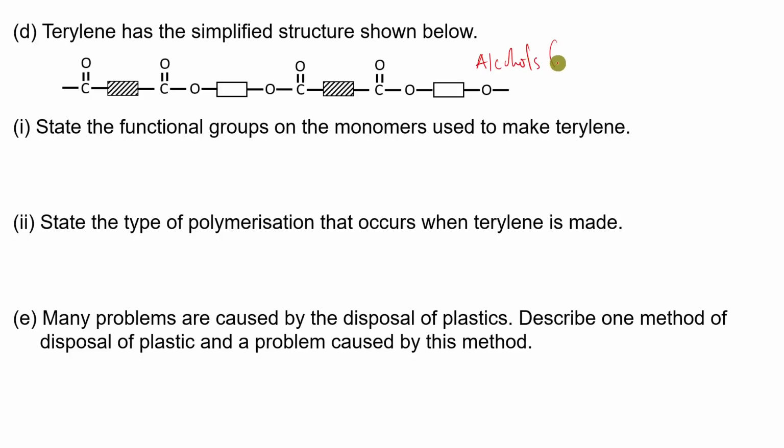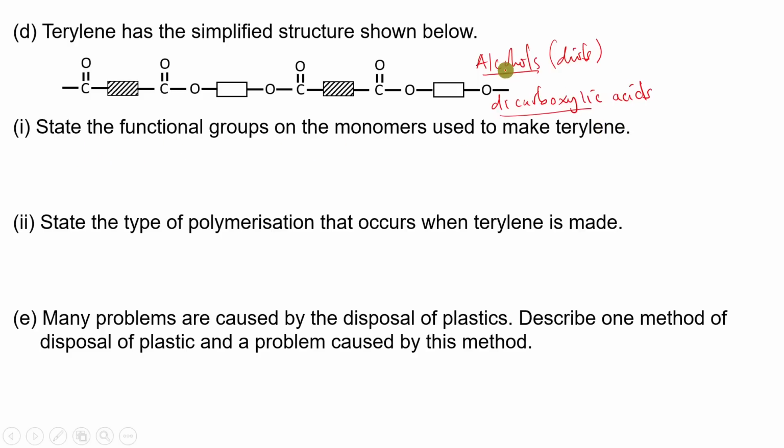These alcohols are diols, that's what they are called. It is also made from dicarboxylic acids. So the alcohol and the dicarboxylic acid become the monomers.